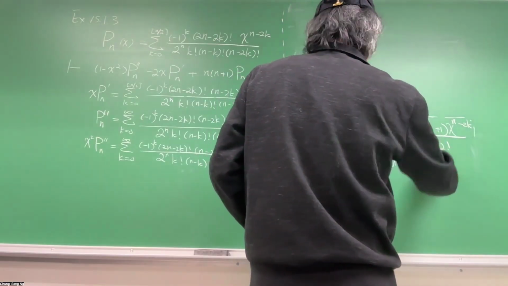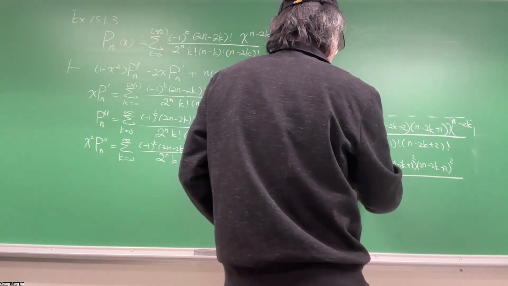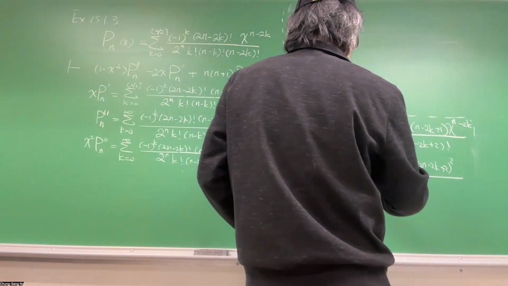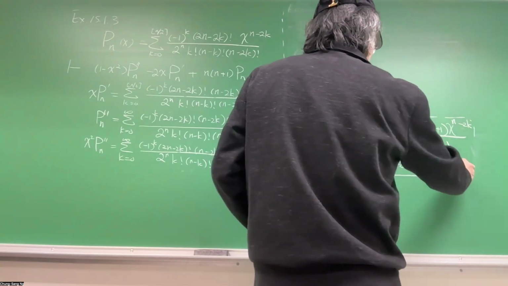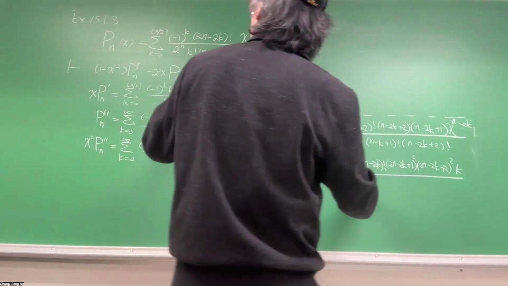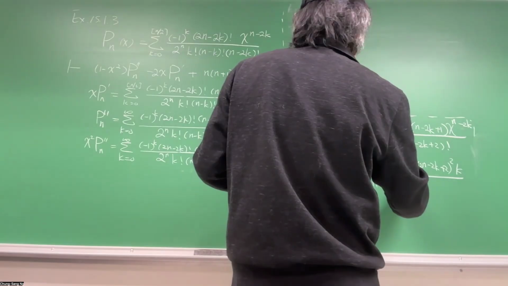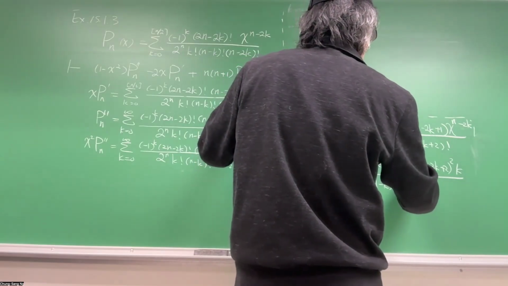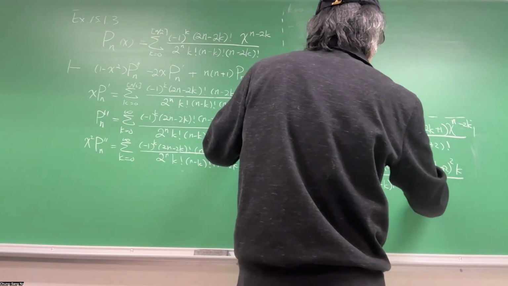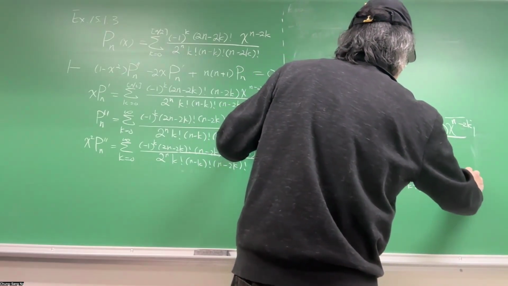So let's keep it first, and then you have a 2n, and then k minus 1 becomes k factorial, divided by k. And then you have n minus k factorial multiplied by n minus k plus 1 and n minus 2k factorial.